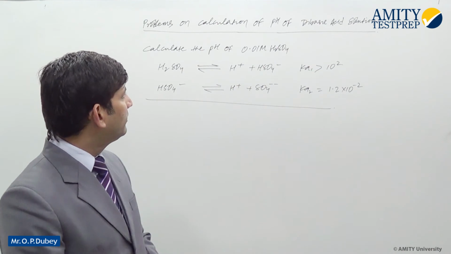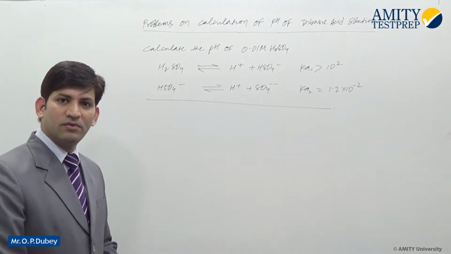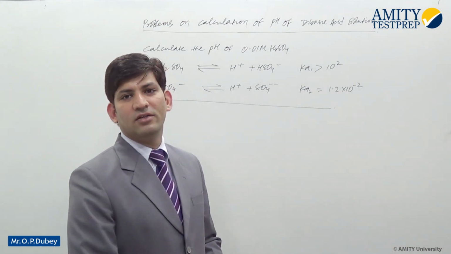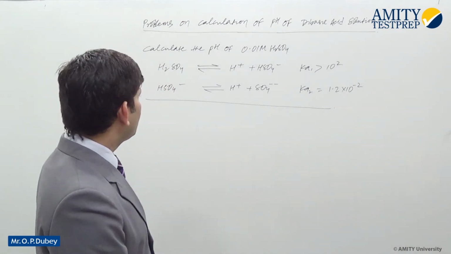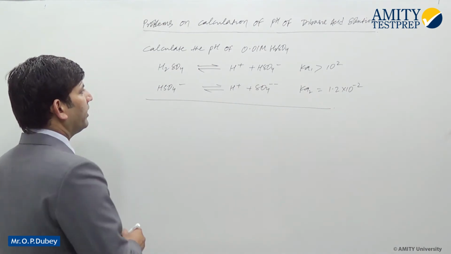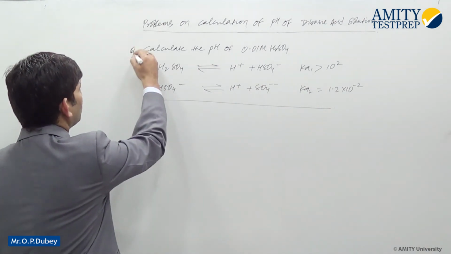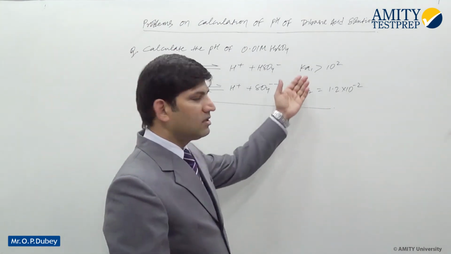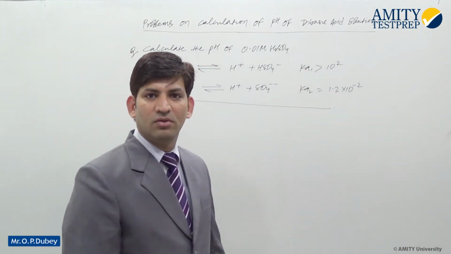Take an example of the dibasic acid H2SO4, which dissociates and gives 2 H positive ions to the aqueous solution. The question is, calculate the pH of 0.01 M H2SO4, and the first dissociation constant is given, which is much greater than 10 raised to the power 2.